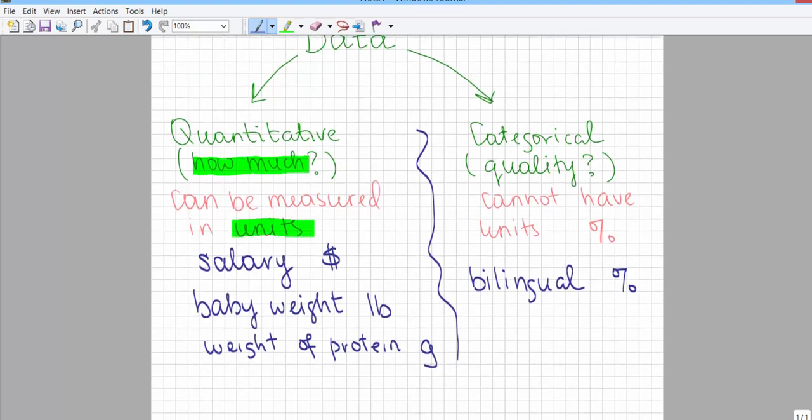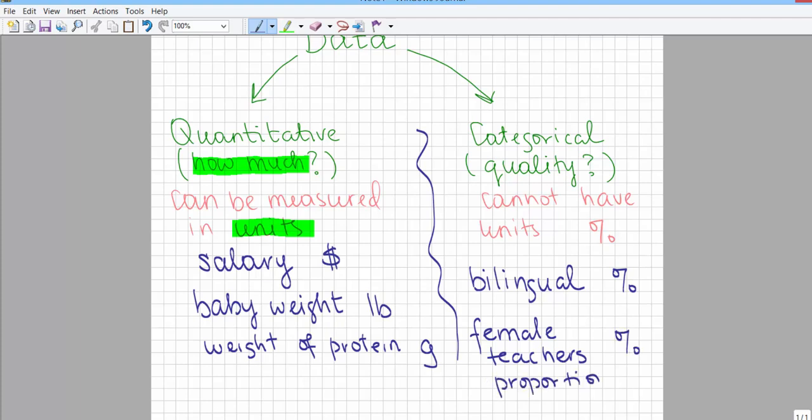All right, let's see. What else can it be? Female teachers. Okay, let's say you're interested in the proportion of teachers in a certain district and you want to see what proportion is female and what is male. Again, this is percentage or proportion.